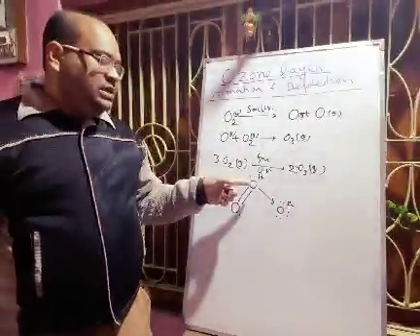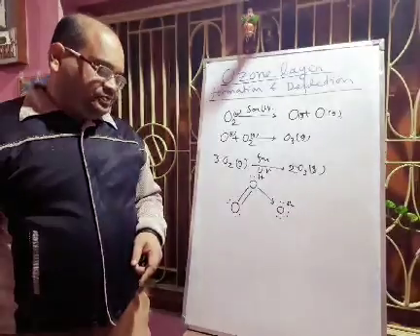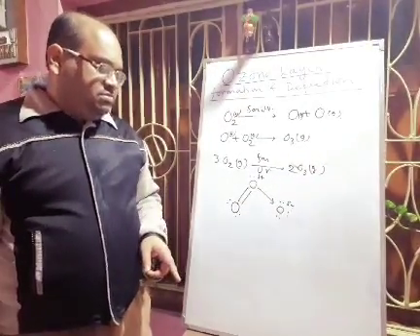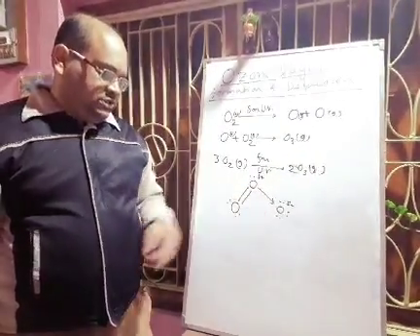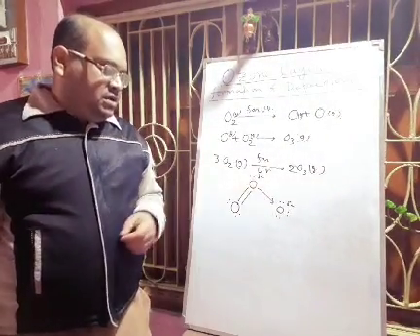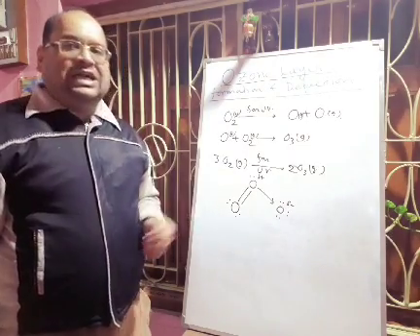This oxygen has a delta positive formal charge, and here it is delta negative formal charge. There is also resonance happening because of the double bond and the lone pair of electrons. So this is the structure of ozone.